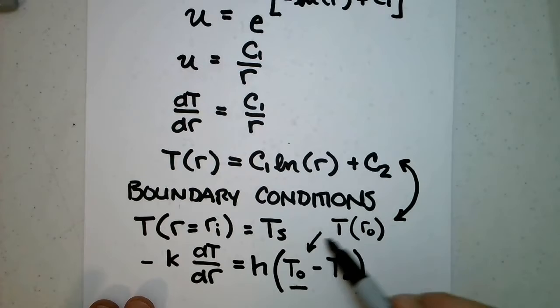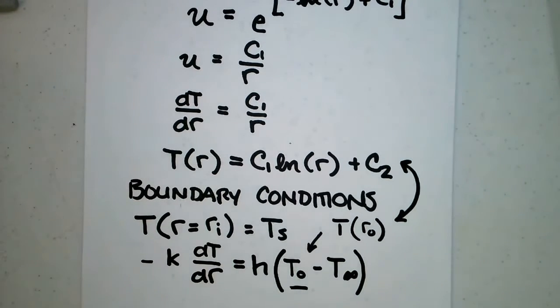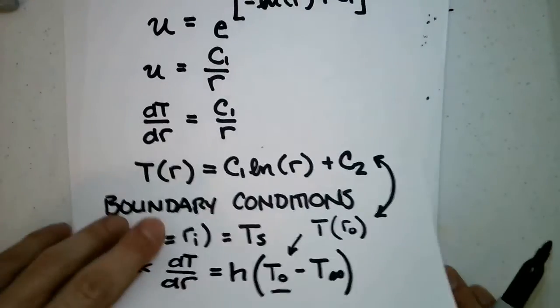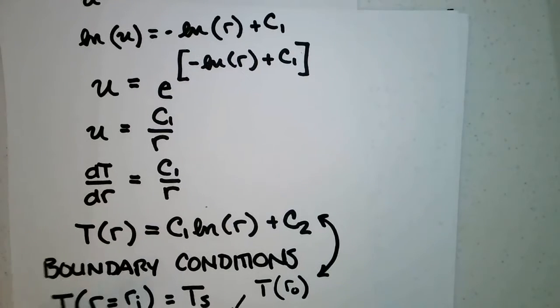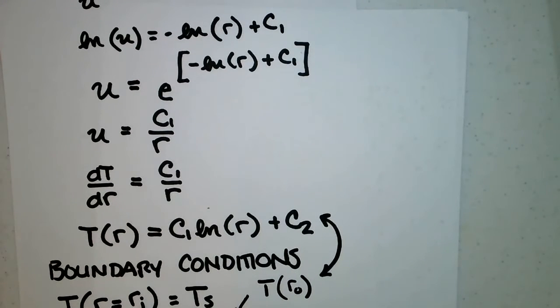I feel like a soccer coach or something, but yes, that's our game plan: to take this function, evaluate it at R_O, plug that in for this second boundary condition.